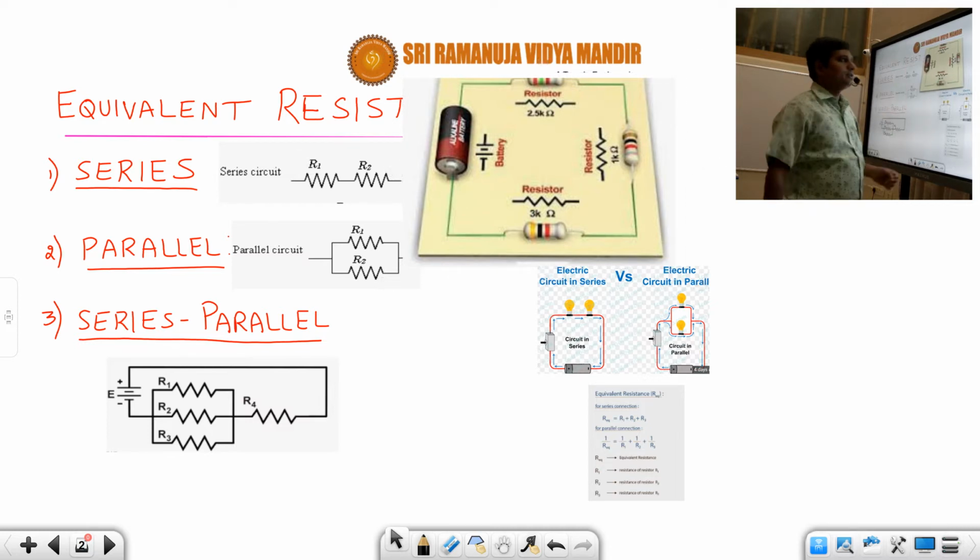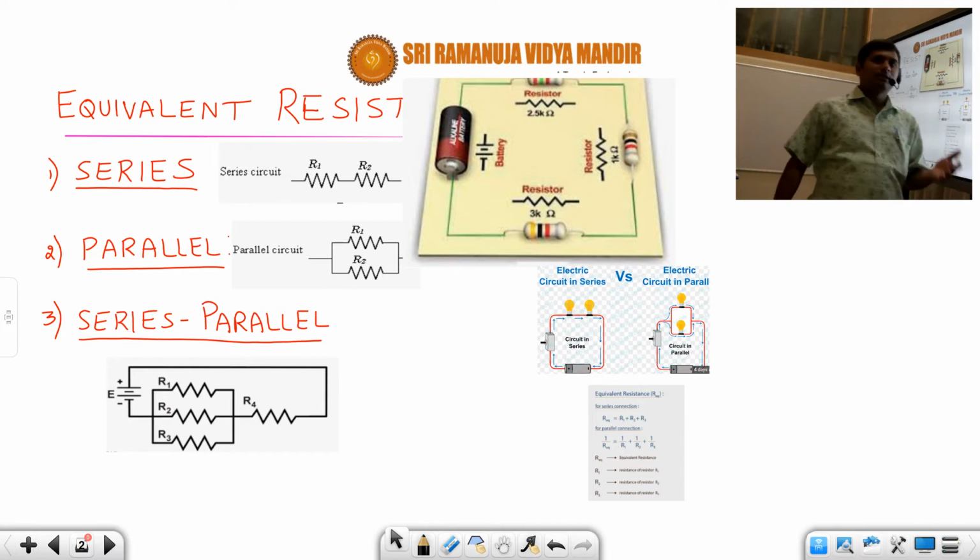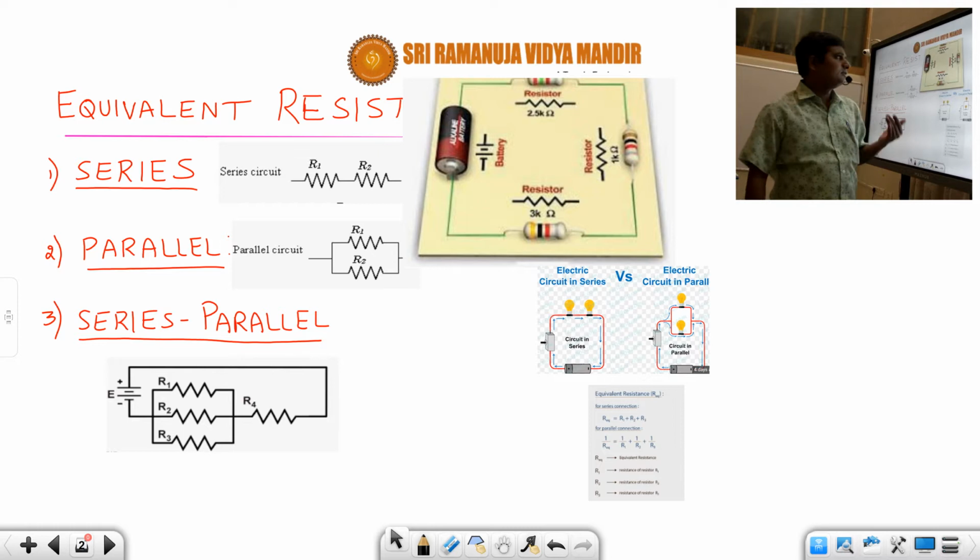Generally, in any electronic circuit, the most fundamental element that you will find is the resistor. Of course, there are two other elements, the inductor and the capacitor, which you will also see in electronic circuits, but the most fundamental electronic element is the resistor, where you can identify the value of resistance from the color code.